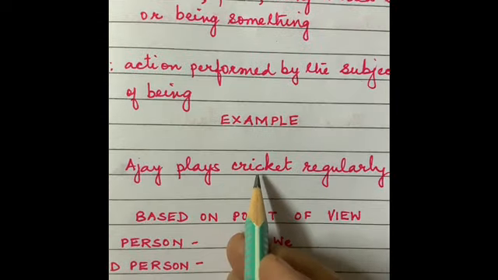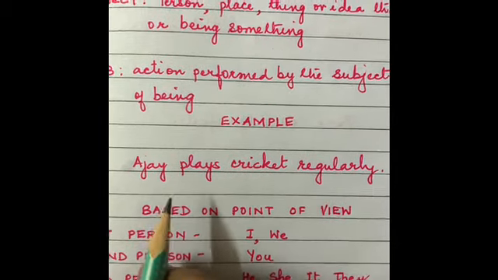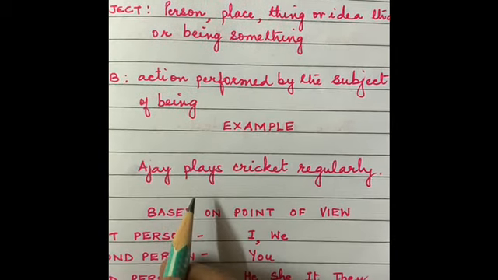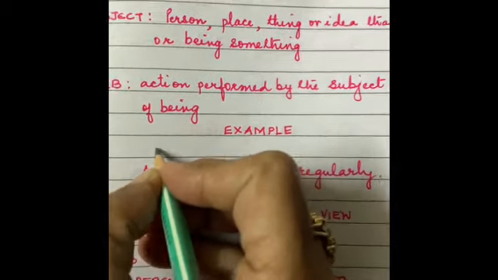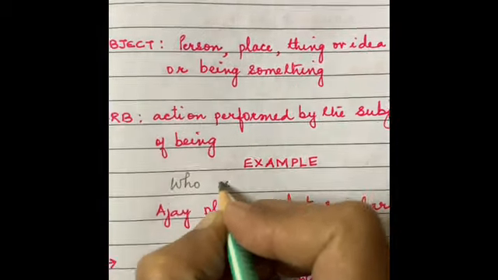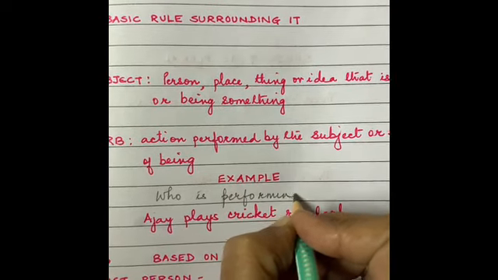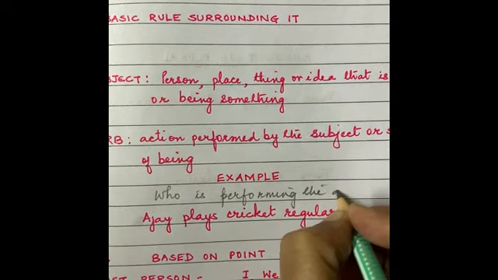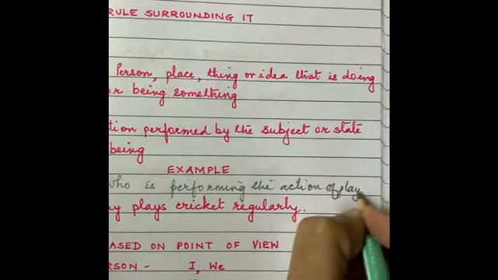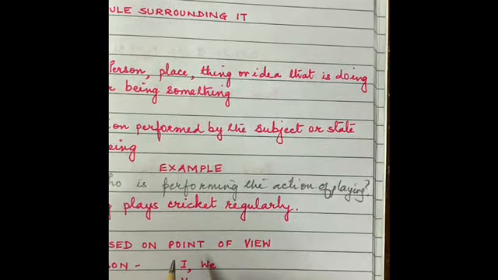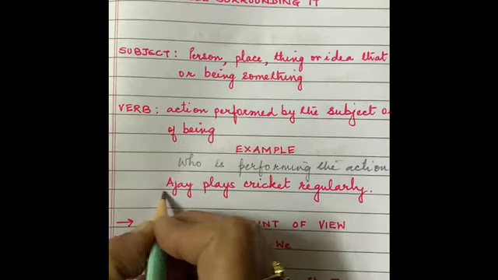Ajay plays cricket regularly. Now, to identify the subject, ask yourself who is performing the action of playing? So, it is Ajay.